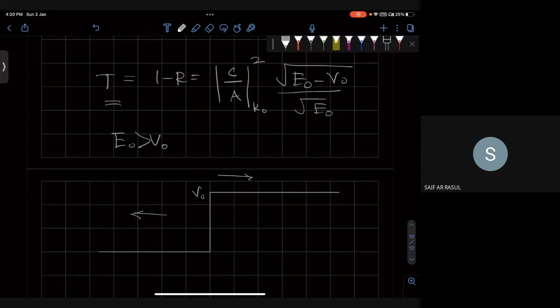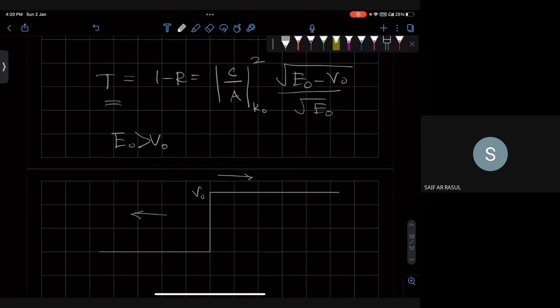I have a question. Is that because some of the particles will probabilistically have less energy than V naught? No, that's not true. That's a very good question, but that's not the case.